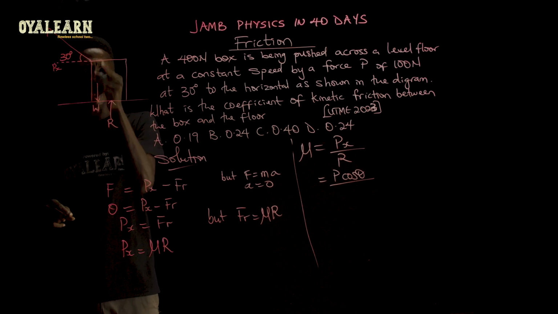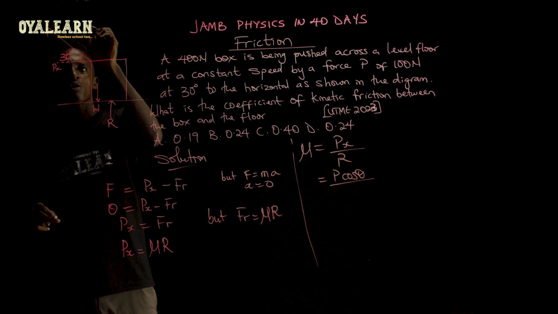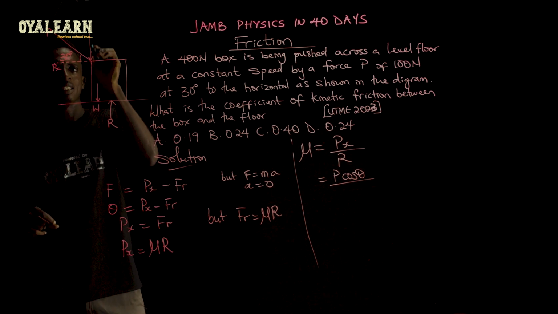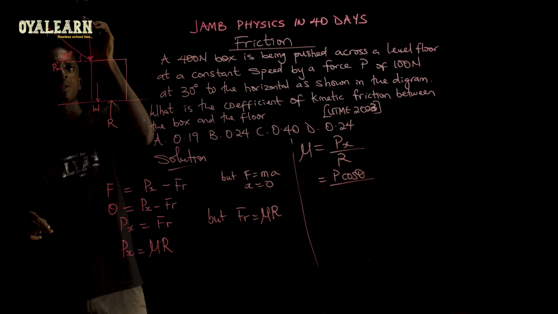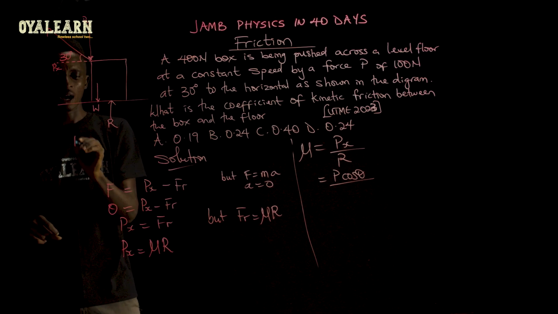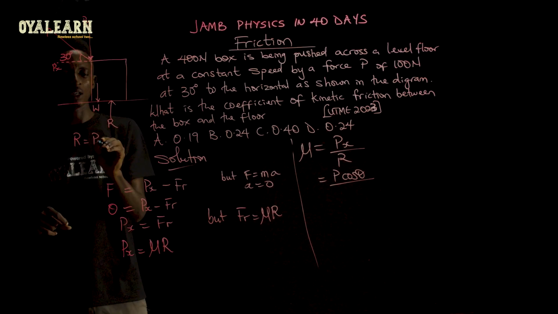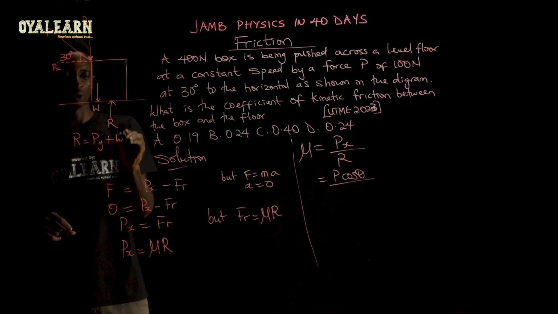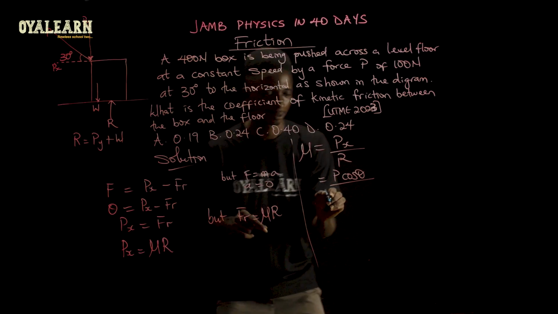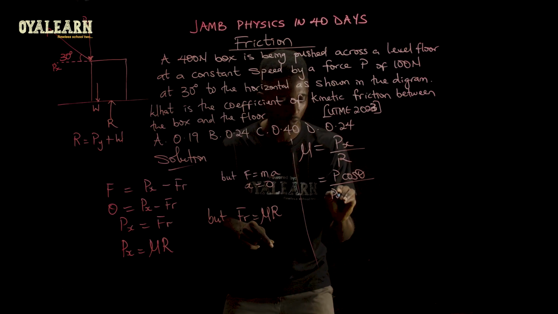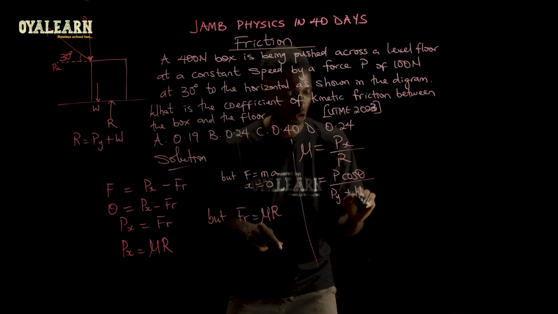But this is not the only weight that acts downward. There's also this here in this direction, which is P of y. So R is therefore P of y plus W. So let's put that there: P of y plus W.